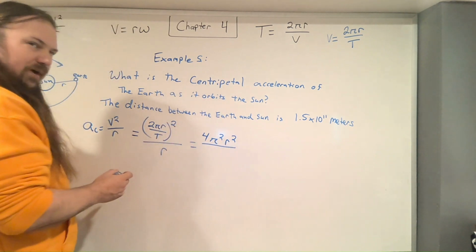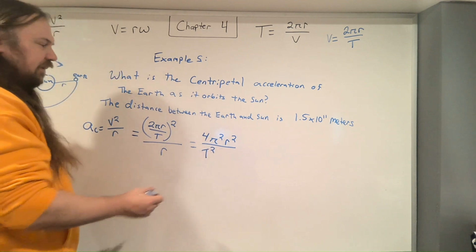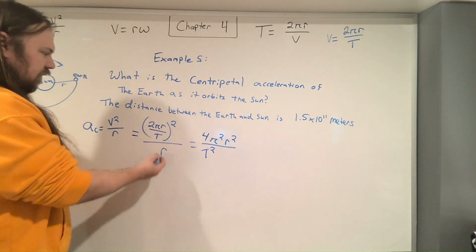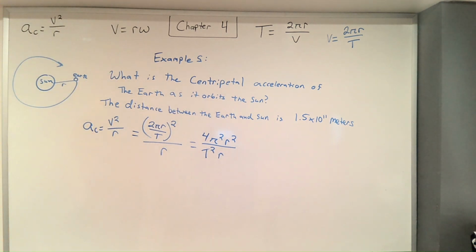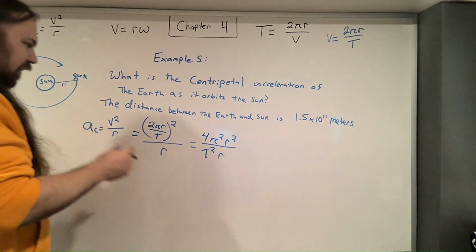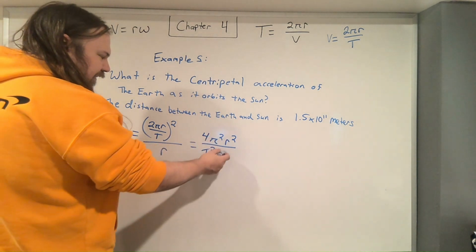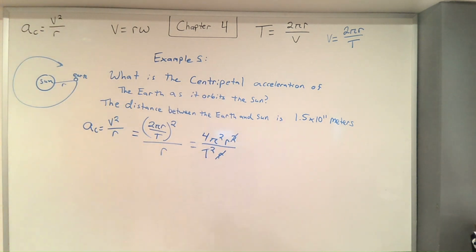The t will get squared in the denominator. And then I'm, of course, still left with this r down here. So I've just distributed the squares and cleaned it up a little bit. Now r divided by r, that's going to cancel out. So one of these r's cancels with one of these r's, and I'll be left with that.